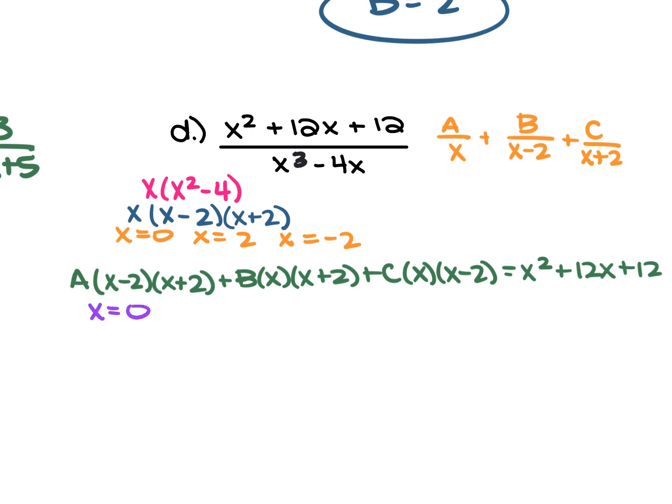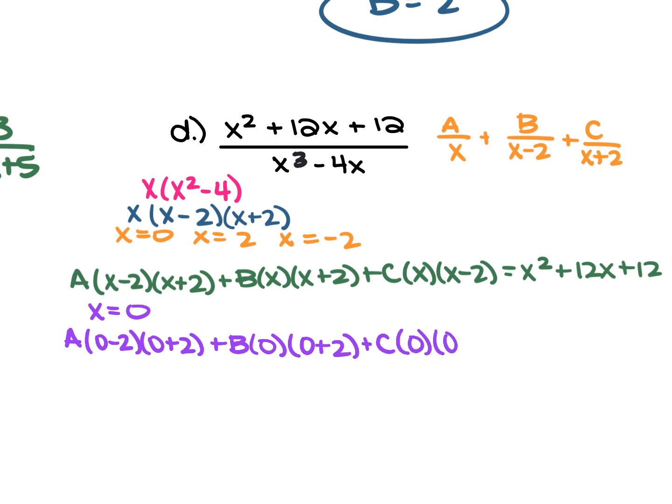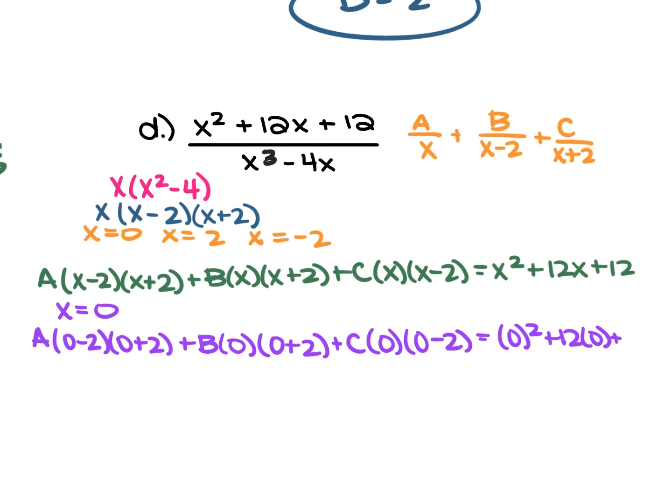So if x is equal to 0, that gives you a times 0 minus 2 times 0 plus 2, plus b times 0 plus 2, plus c times 0 minus 2 is equal to 0 squared plus 12 times 0 plus 12.